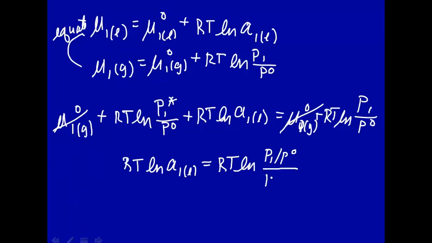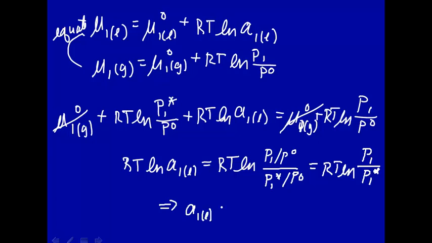So this would be P1 star divided by P0. Well, the P0s cancel out. So this is just equal to RT times the natural log of the pressure above the solution in the mixture divided by the pressure above the solution in the pure state. That's the star there.